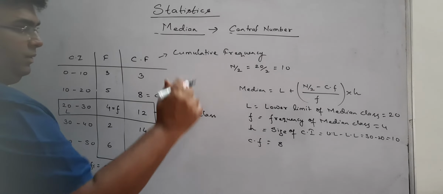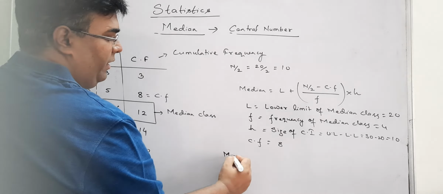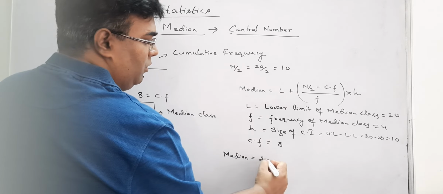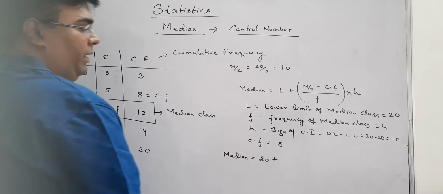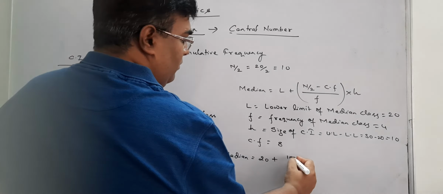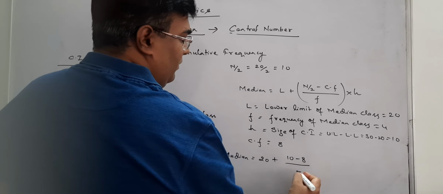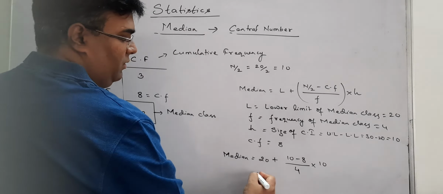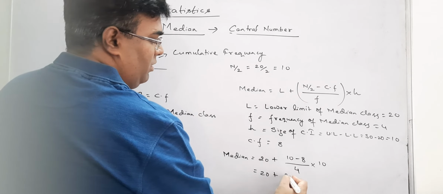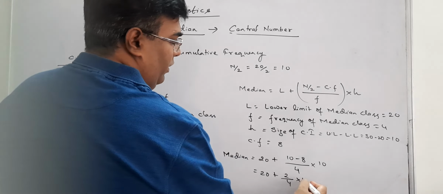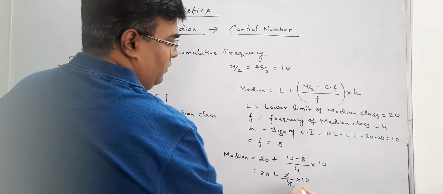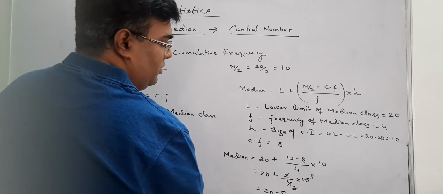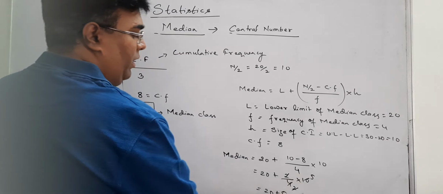Now we have to put values here. So my median value: lower limit is 20, n by 2 is 10, CF is 8, frequency is 4, H is 10. 20 plus 2 by 4 into 10. 20 plus 5, which is 25.